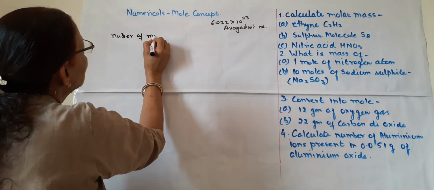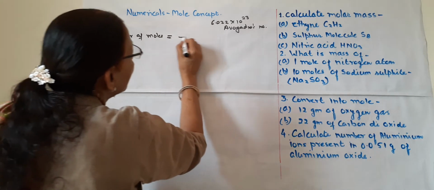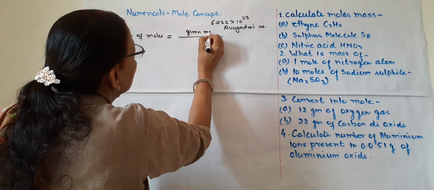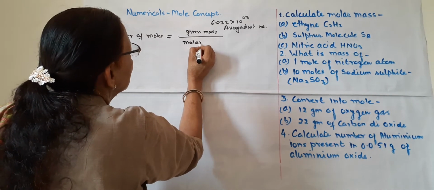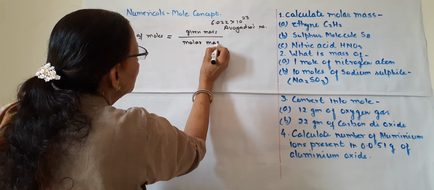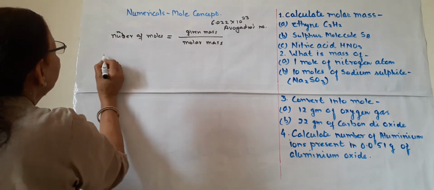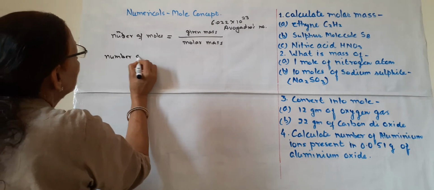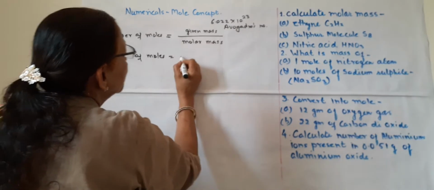Number of moles is equal to given mass upon molar mass. So if mass is known, then this formula is applied, and if number of particles is known, then the second formula is used.